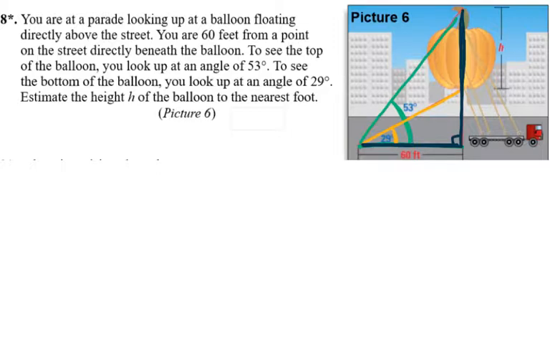I'm going to call this part A. So the short part right here is A. And I'm going to say that the tangent of 29 is equal to A, the opposite, over the adjacent, over 60.